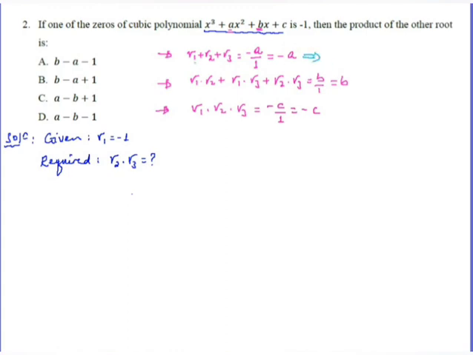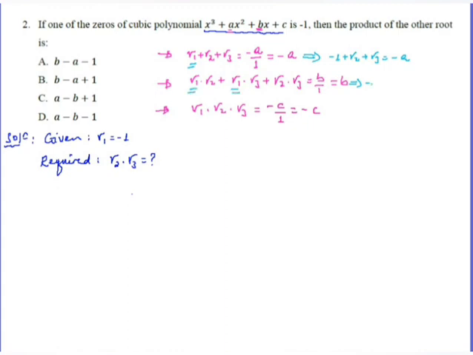From here r1 is minus 1, so we can get minus 1 plus r2 plus r3 is minus a. Okay, ይሄንን እንይዛለን. From the second one we can get that r1 is negative 1.